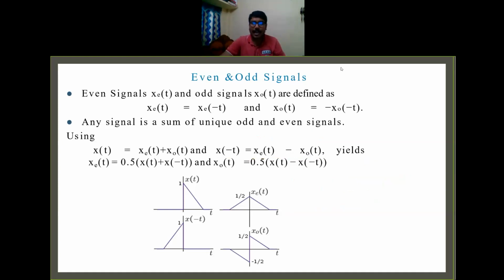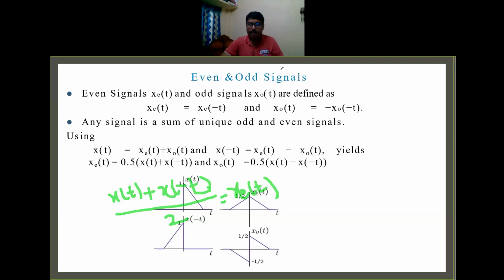To calculate that, the formula is x of t plus x of minus t, whole by 2. This will give us the xe of t. I'll explain it, don't worry.